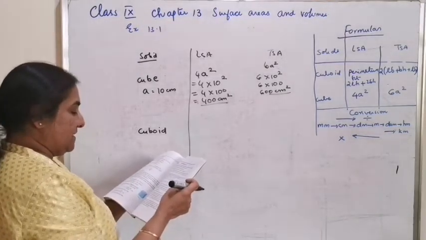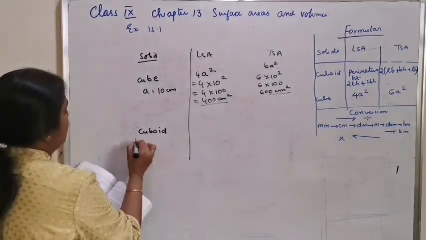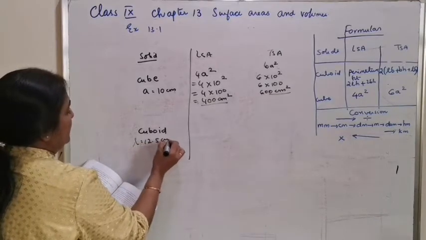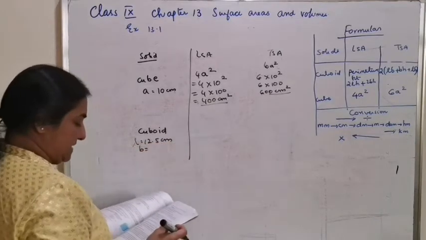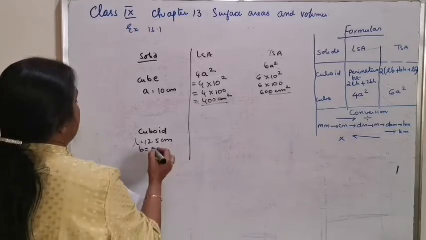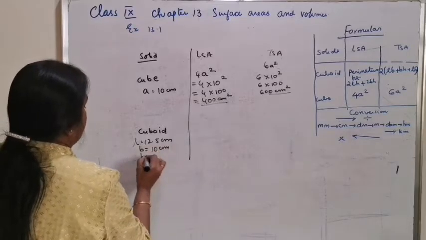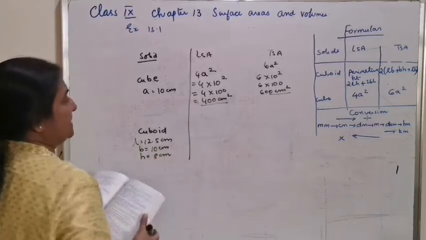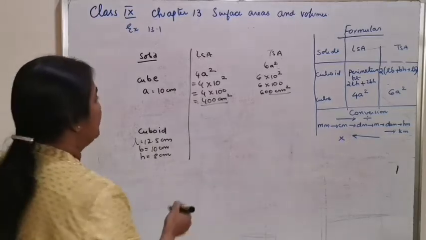Now, the same way, the solid is a cuboid. What are the dimensions given here? The length is 12.5 centimeter, breadth is 10 centimeter, height is 8 centimeter. What is the formula for the lateral surface area?